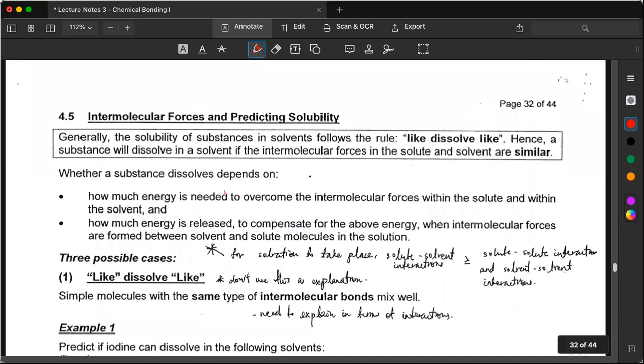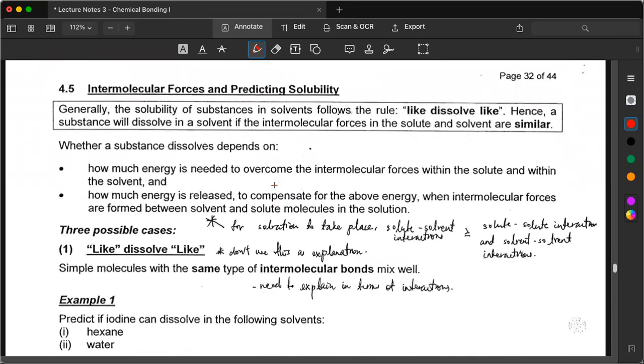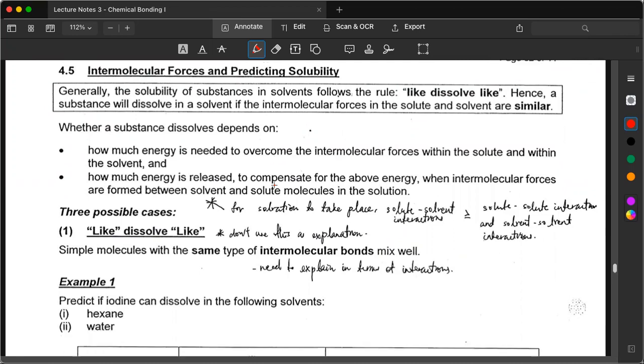In general, the solubility of substances in solvent follow this rule. Like dissolves like. A substance dissolves in a solvent if the intermolecular forces in the solute and solvent are similar. So whether a substance dissolves depends on how much energy is needed to overcome the intermolecular forces within the solute and within the solvent, and how much energy is released to compensate for the above energy.